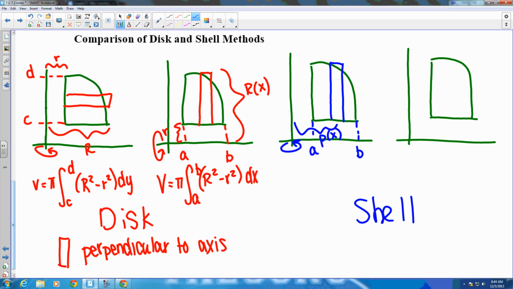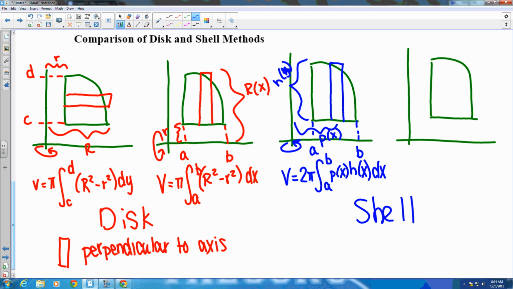That's the distance it takes to get to your rectangle, and the height, h of x, and the volume is going to be 2 pi times the integral from a to b of p of x h of x dx. Oops, this should be an x up here.